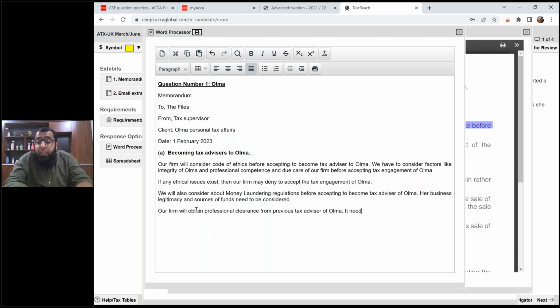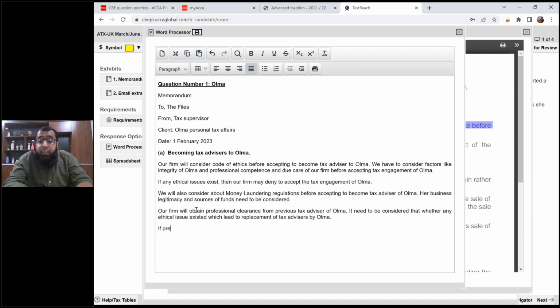Okay, it needs to be considered whether any ethical issue existed which led to replacement of tax advisors by Alma.